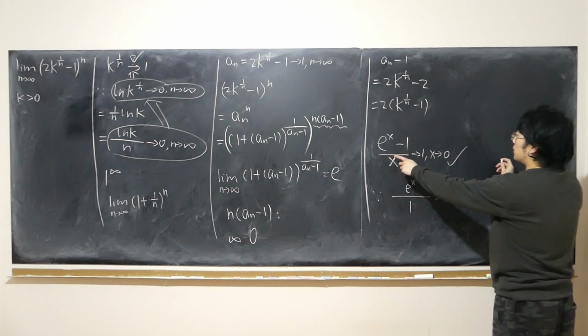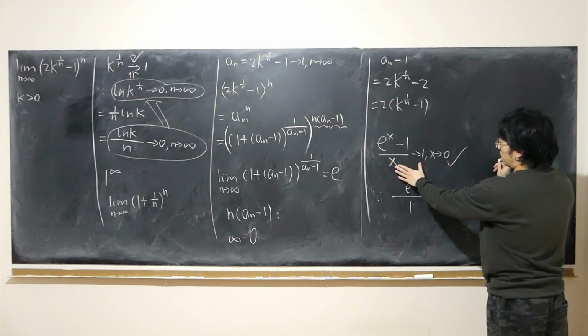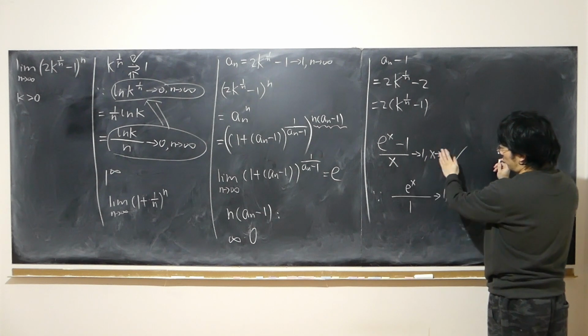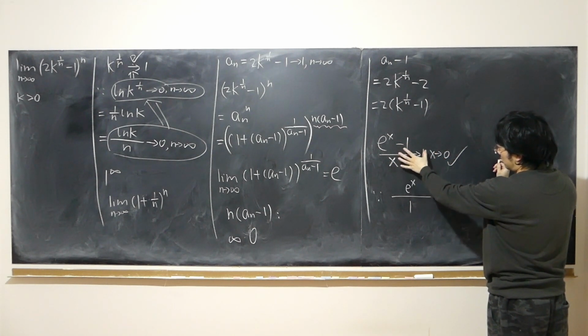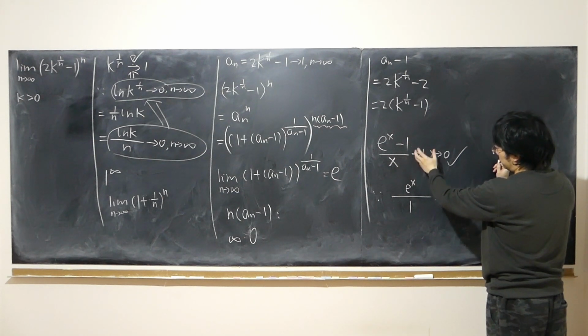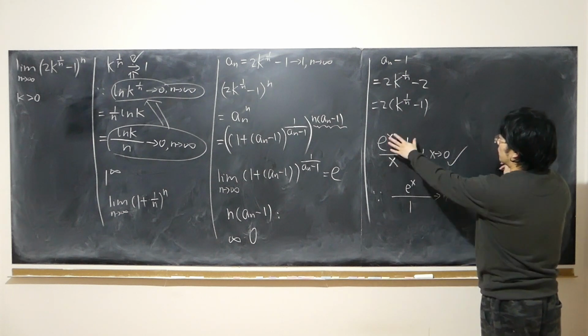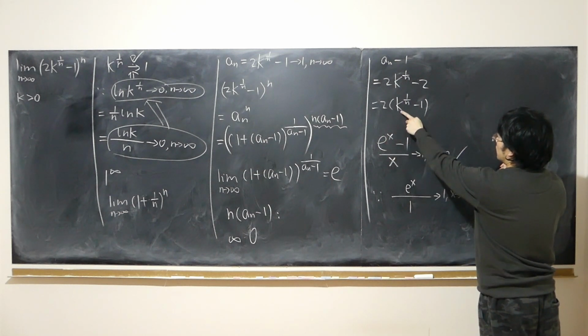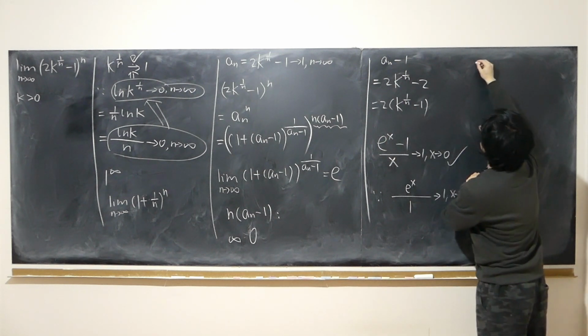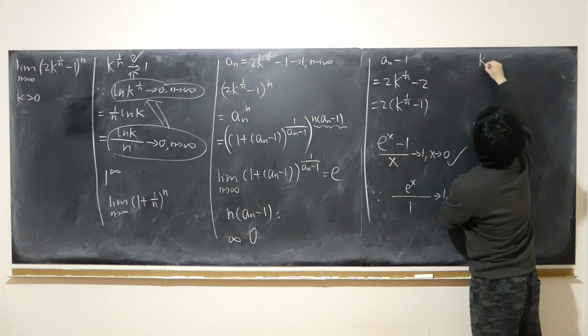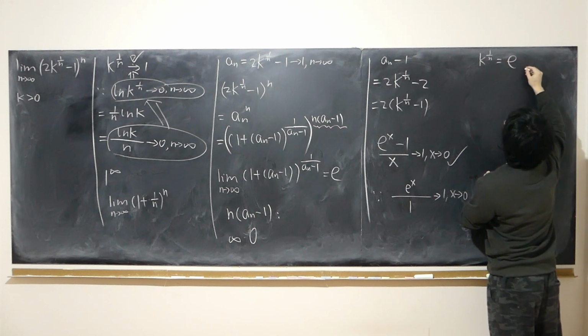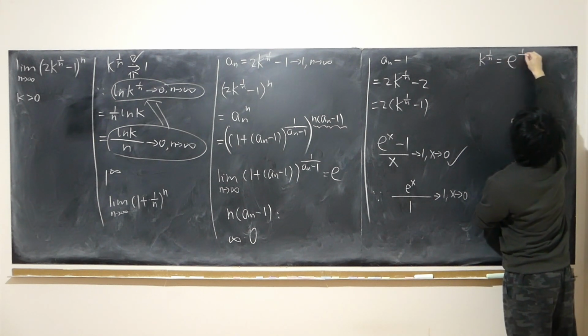So every time I see e^x − 1, I can replace it with x, since they are equivalent infinitesimals in the limit process. Changing the base, k to the power of 1/n is equal to e to the log of this, so e to the (1/n) log k.